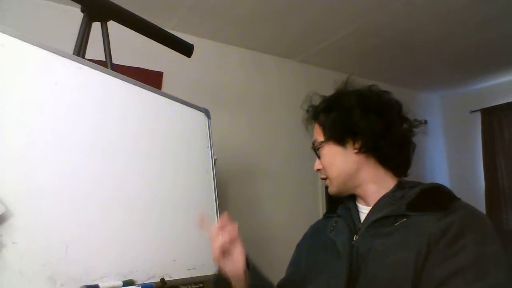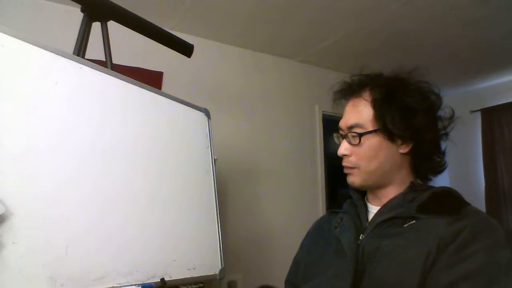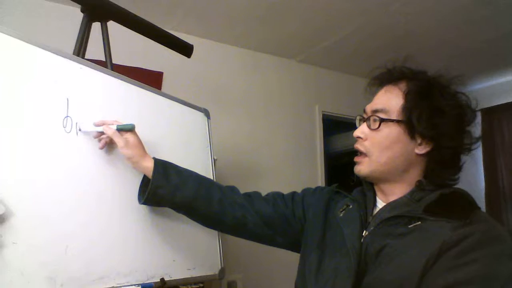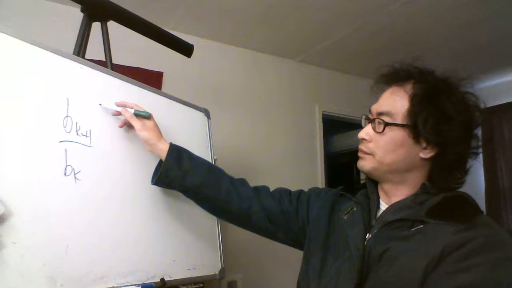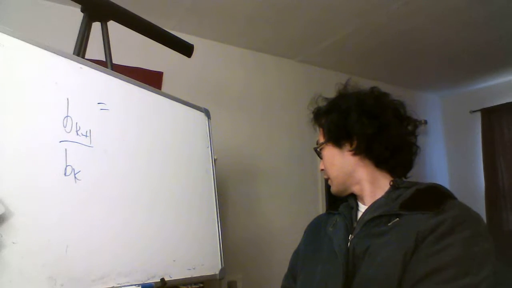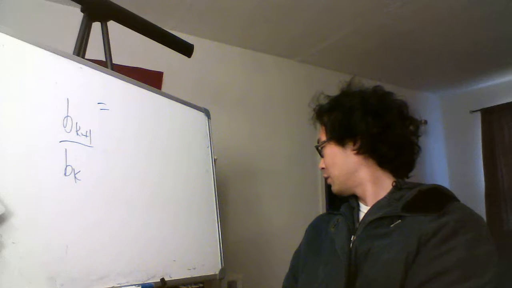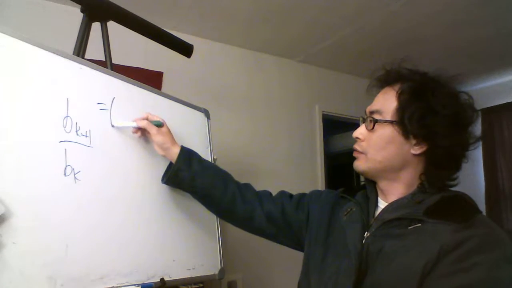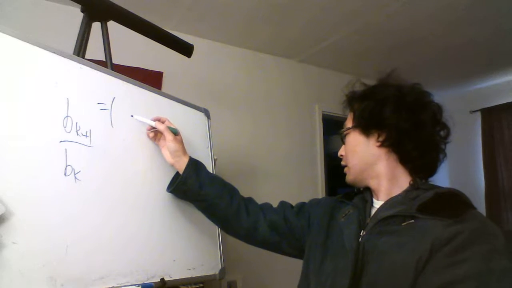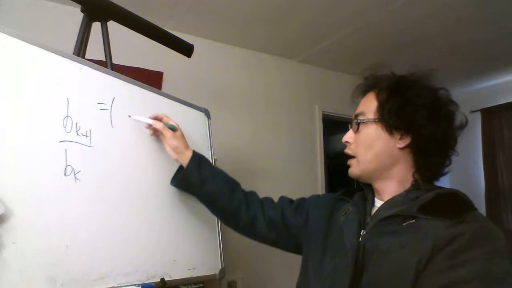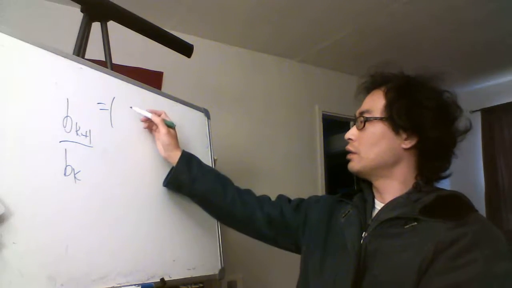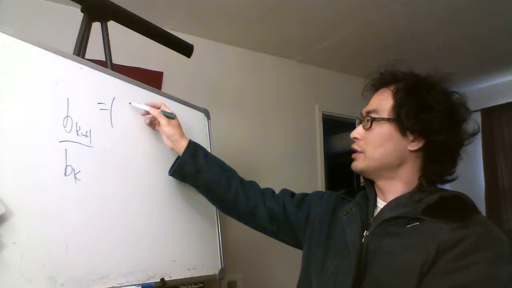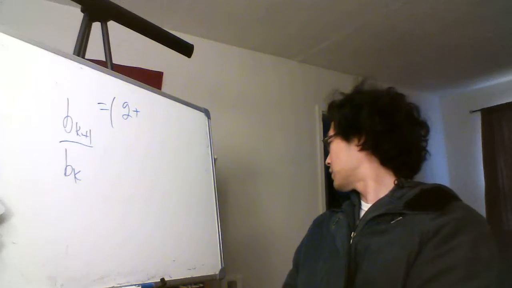Anyway, okay, let's explore that possibility over there. So b_{k+1} over b_k, okay, is what? We have some sigma i. Let's call it G, because it's the same upstairs and downstairs.